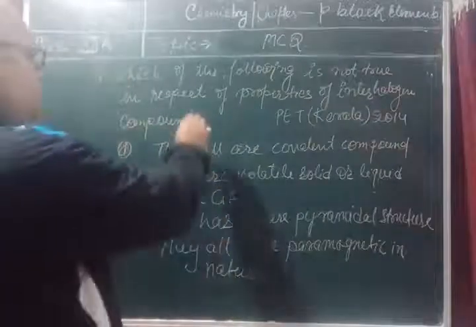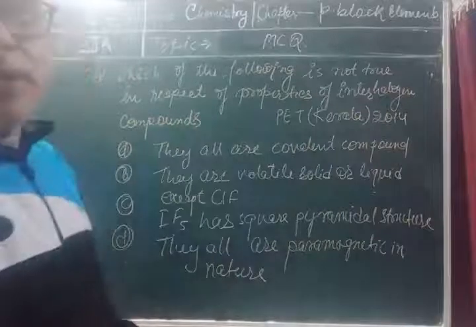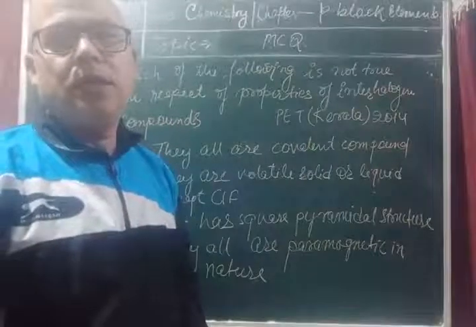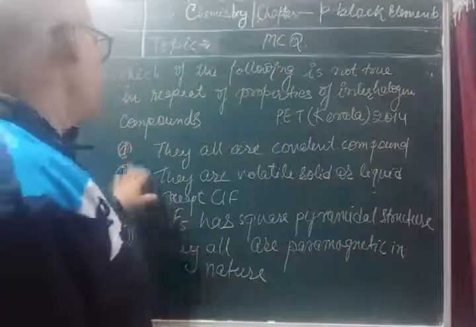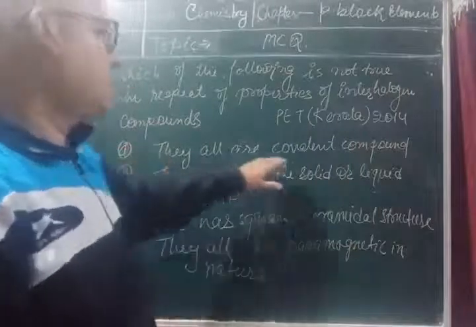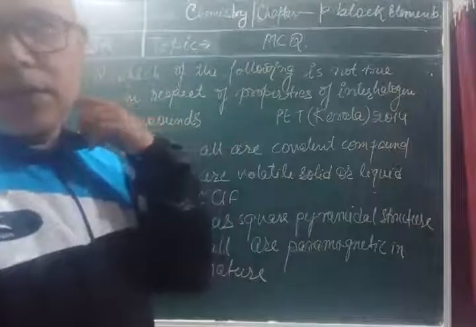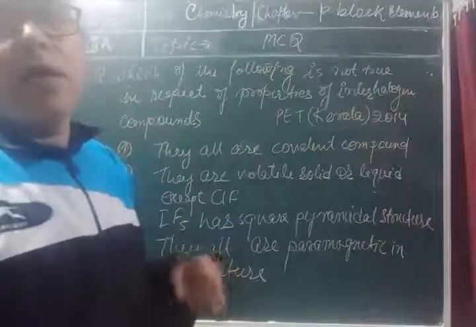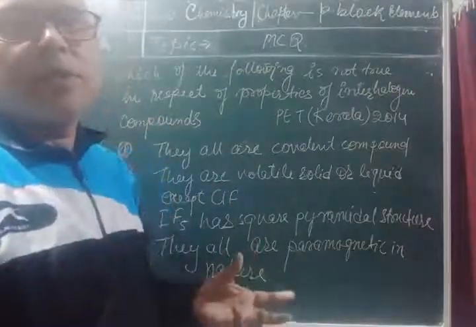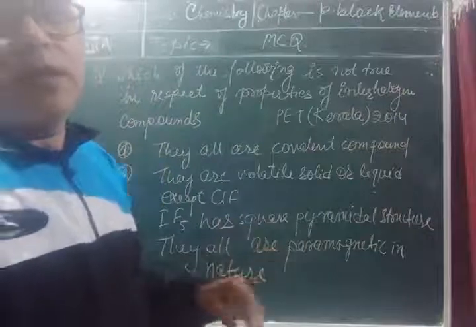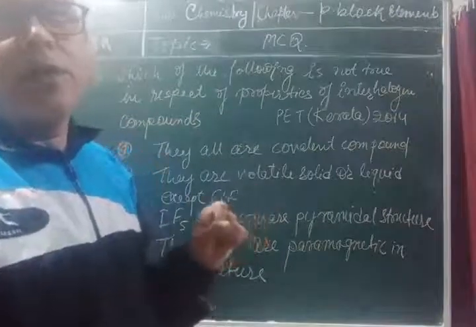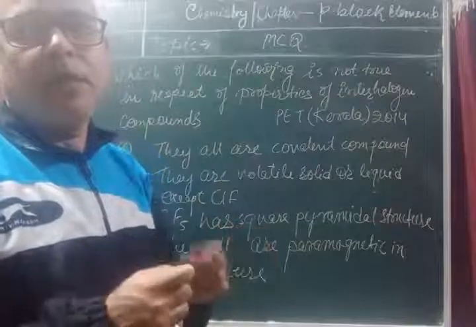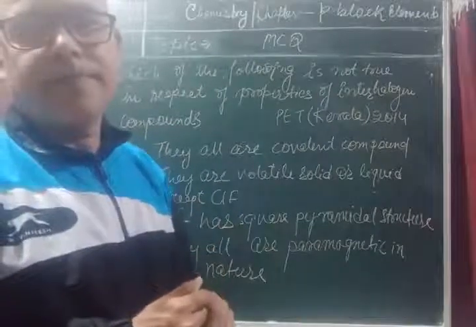Which statement is not correct regarding the properties of interhalogen compounds? The first is given: they all are covalent compounds. This is right. All the interhalogen compounds are covalent in nature, as you know they form bonds by sharing electrons.